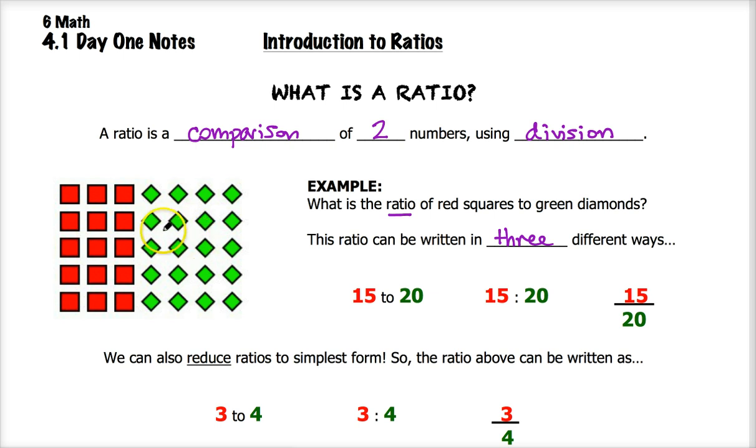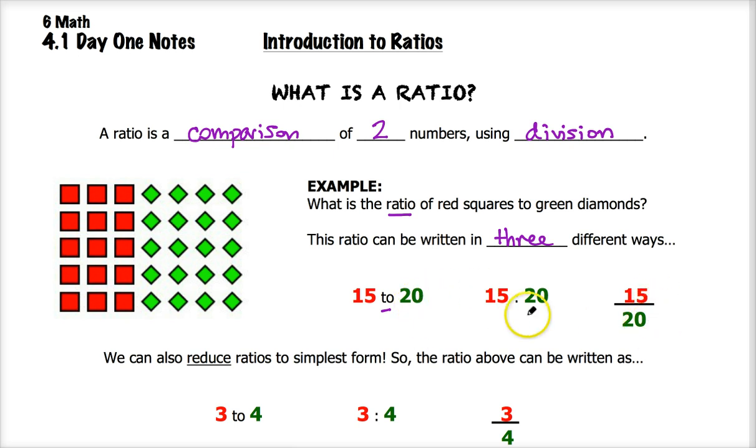So we can write the ratio of red squares to green diamonds as 15 to 20 using the word to in between. 15 colon 20, which we read as 15 to 20, or 15 over 20 with a fraction bar, which also means 15 to 20 or 15 divided by 20.